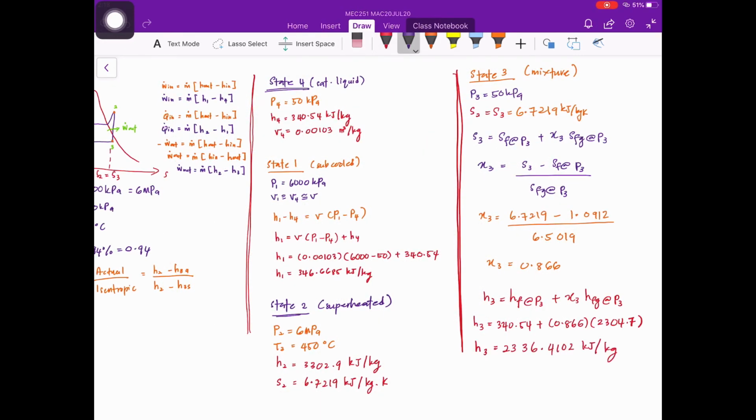Note that the enthalpy that we obtain for state 3 now is the enthalpy for the isentropic process. Therefore, do not forget to write subscript S to these properties.